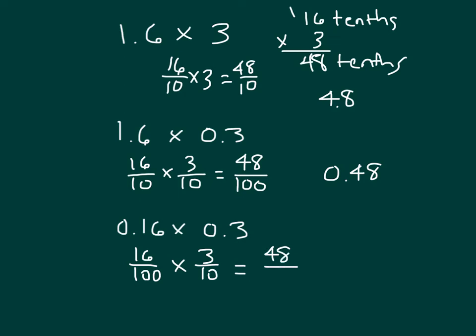And 100 times 10, you add another 0 to the 100, and that's thousands. 1,000. So that's 48 thousandths, written as 0.048. So although we have many of the same digits, their value is different because they are in different places.